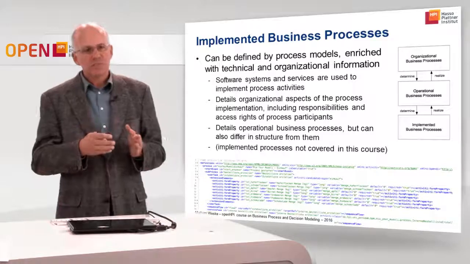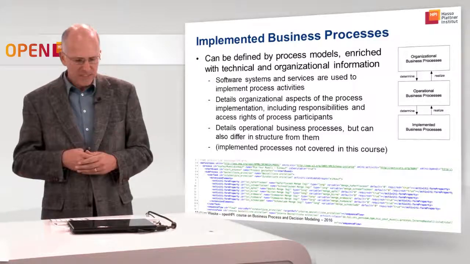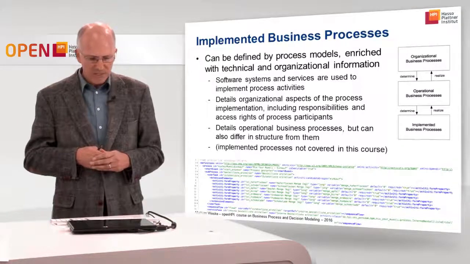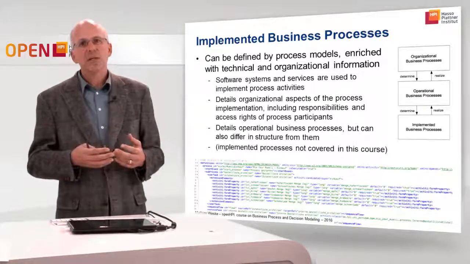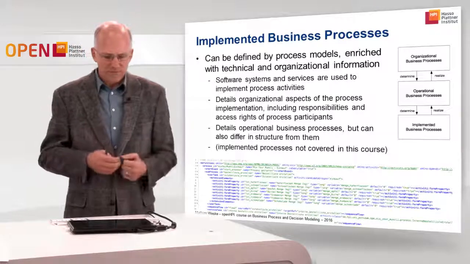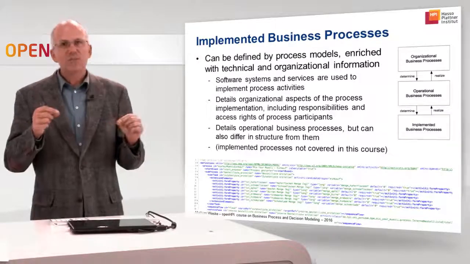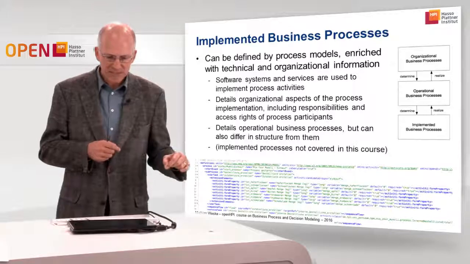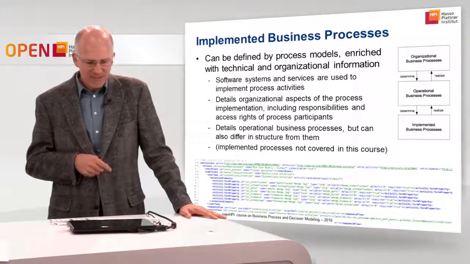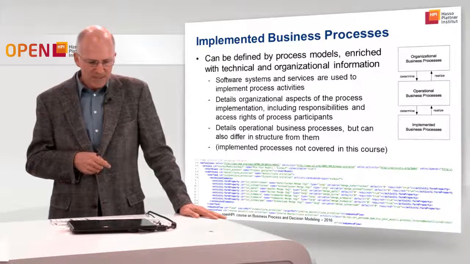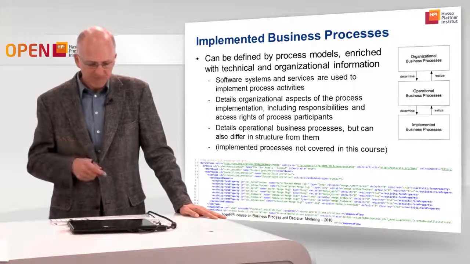So we need to add additional activities. We might also, in some cases, delete activities, or reorder activities. So the step from the operational business process to the implemented business process is again a creative act, an implementation act, and this is not an automatic act that we can do by pressing a button.